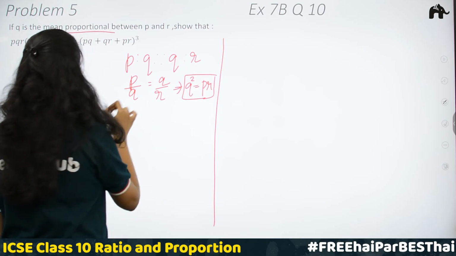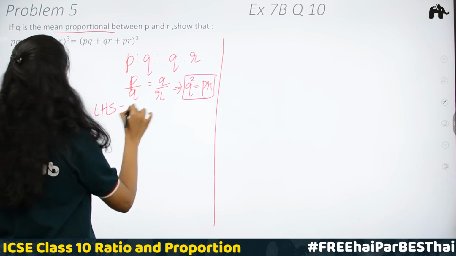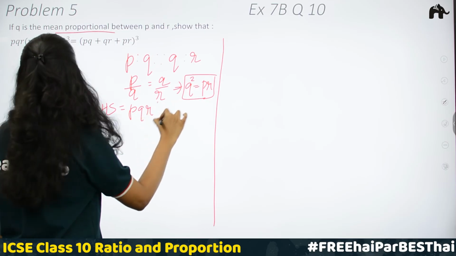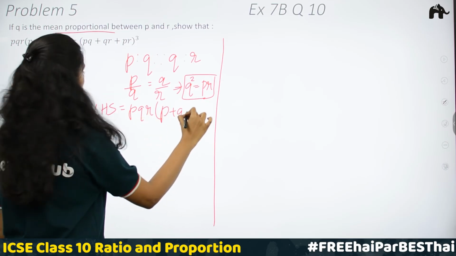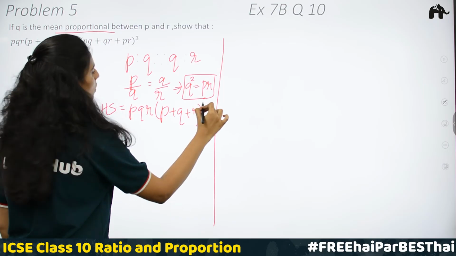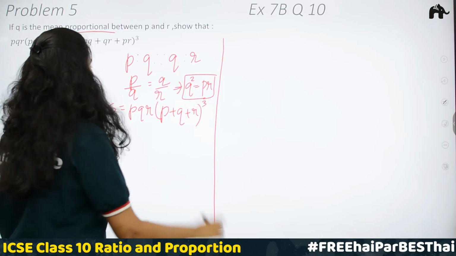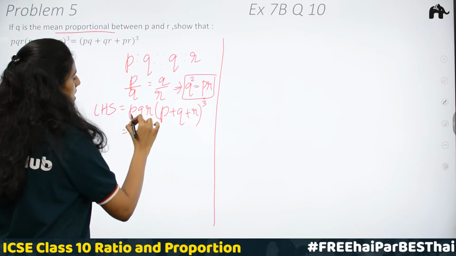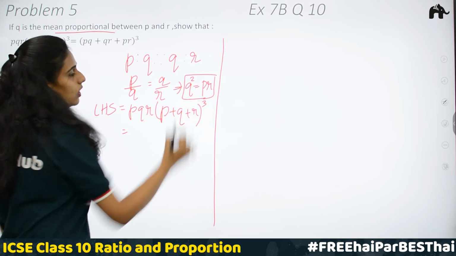Here, LHS we have pqr into (p plus q plus r) whole cube. Now here p into r is equal to q square.